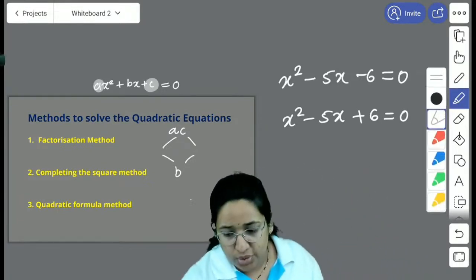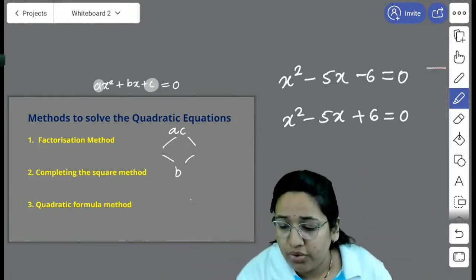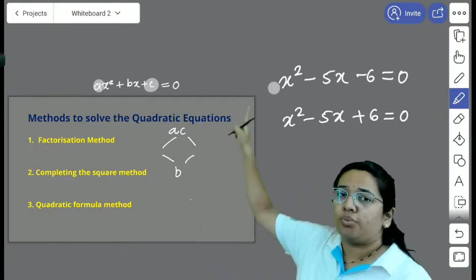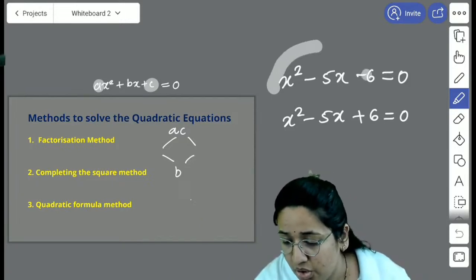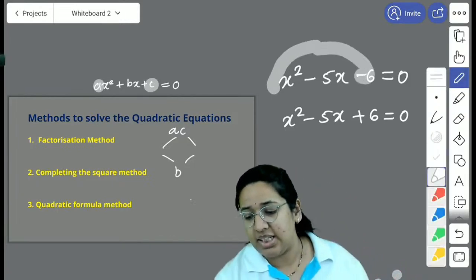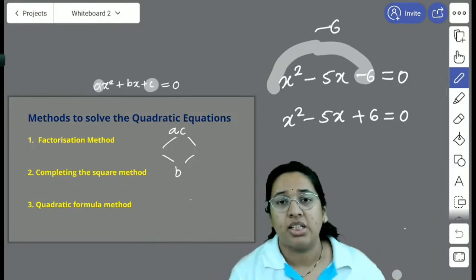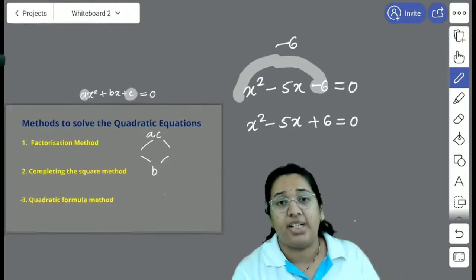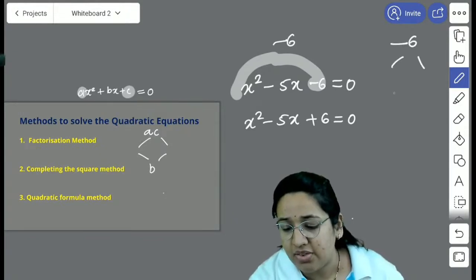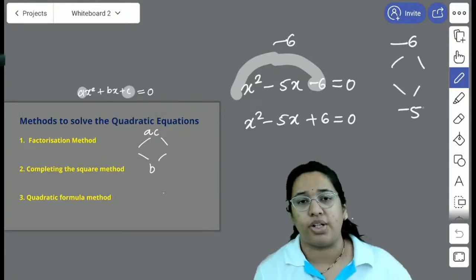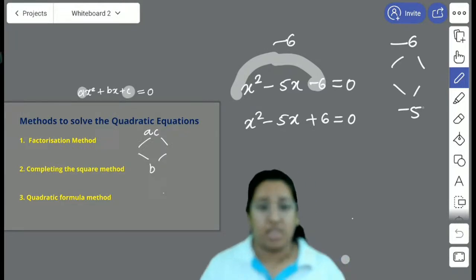We consider the product of the leading coefficient, which in both of these cases is 1, into the constant term. For the first, it will be minus 6. So we have to find such factors of minus 6 which will give us addition as minus 5.